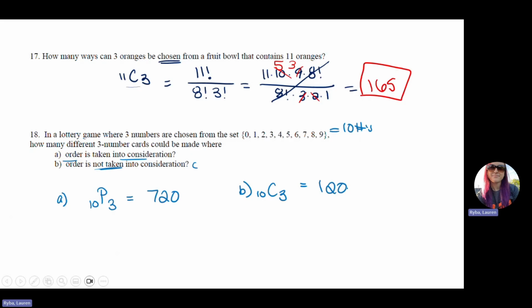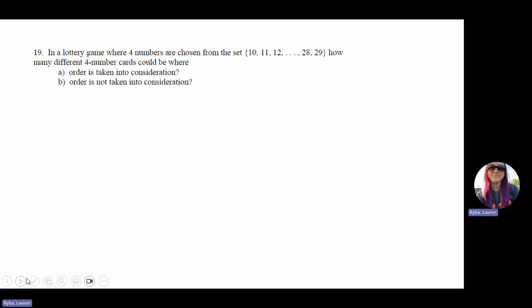I apologize on that. In a lottery game where 4 numbers are chosen from the set of numbers 10 up to 29, how many different 4-number cards can be created when order is taken into consideration and order is not? So 10 to 29 is a total of 20 digits. So using order, 20 permute 4.